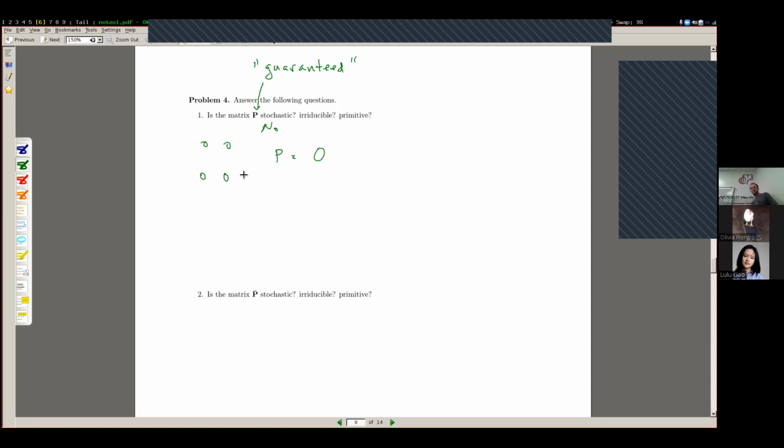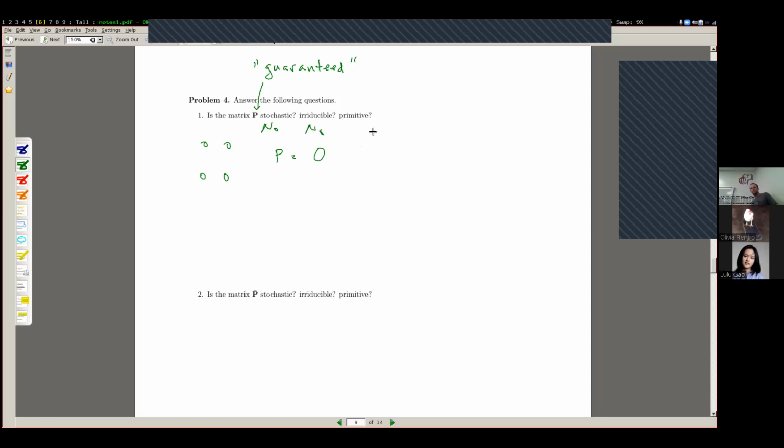What about, is this matrix right here irreducible? Why not? The nodes aren't connected. So the irreducibility was about you can visit everything. Here we can't visit anything. So not irreducible.